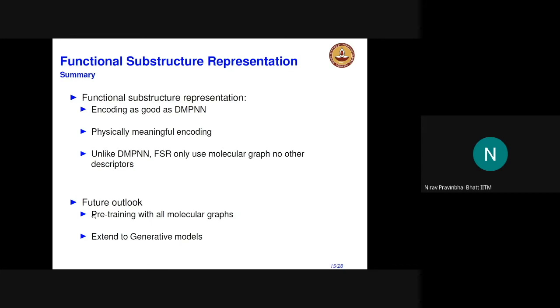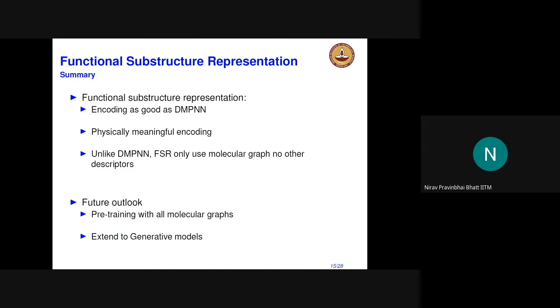Of course, we have also compared this particular aspect with the known functional groups, and surprisingly, it's behaving very poorly in many cases. In almost 80% of cases, the functional groups which chemistry has given us behave poorly when we use the FSR representation.